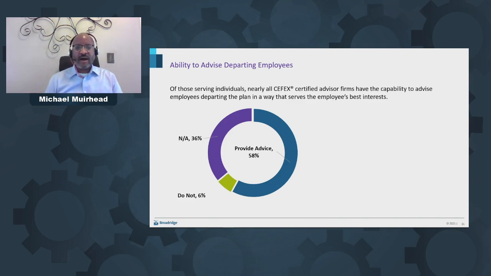And so we observed 58% of the practices that we took a look at that they had really strong documentation that was a part of that advice and recommendation process.